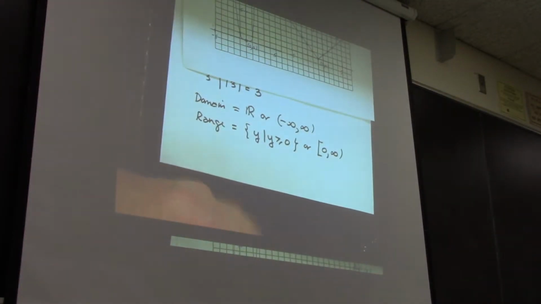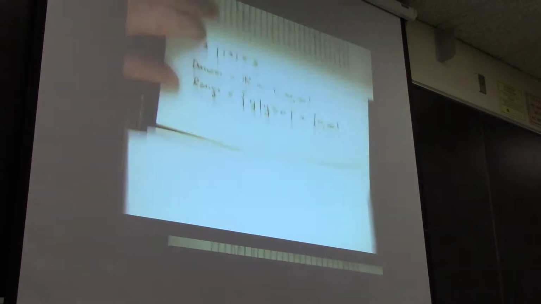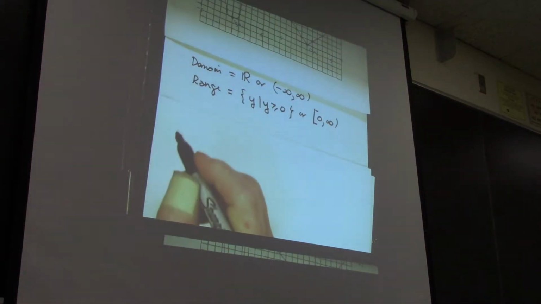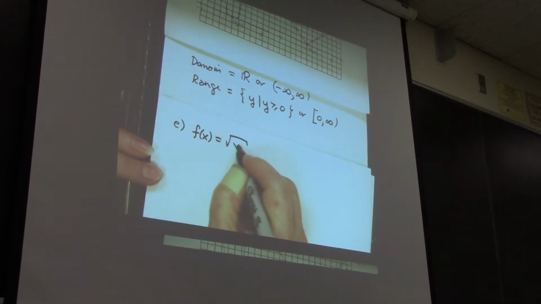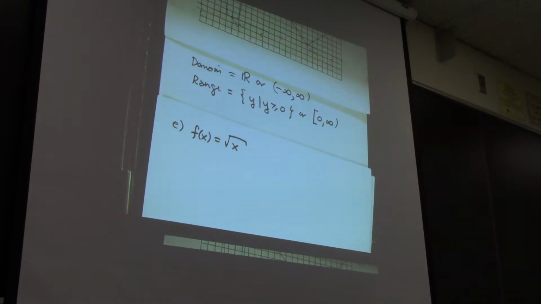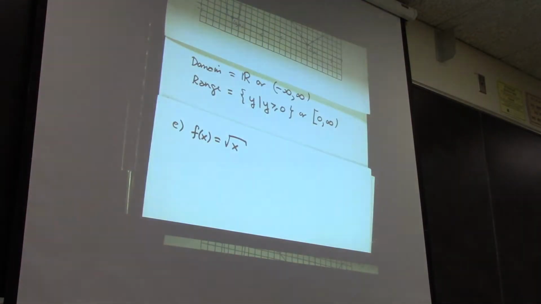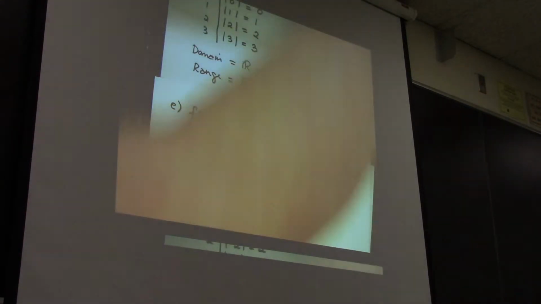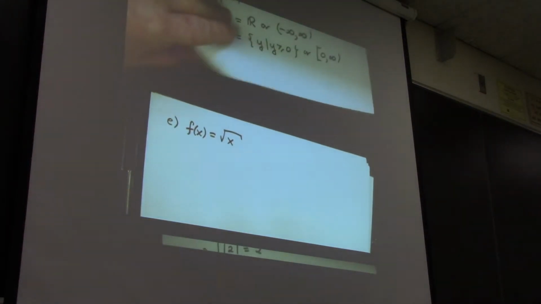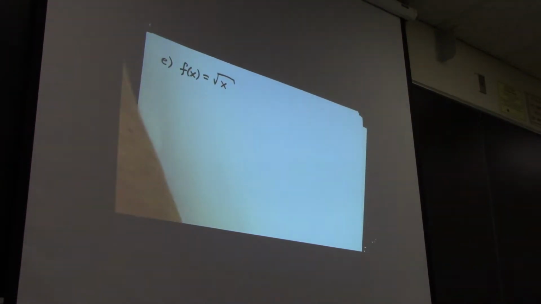Okay, now let's look at f of x equal to the square root of x. Before making a table of values, we should really ask ourselves what the domain is, because I don't want to waste a lot of time plugging in numbers that aren't even in the domain.